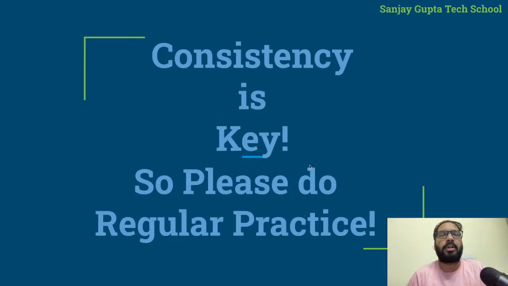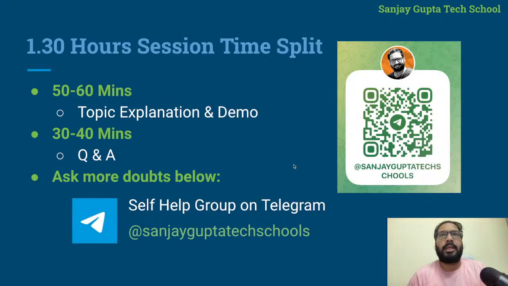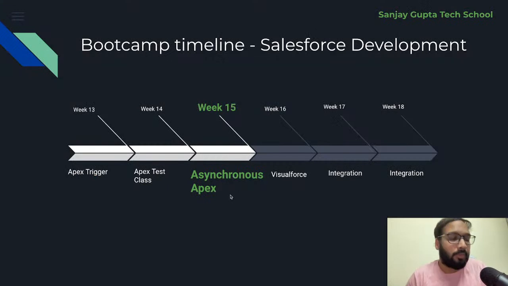So moving forward, be consistent. From next week onwards, different topics will be available in different weeks, so just join those sessions as well and do regular practice. Today week 15 will be completed, and from next week we'll be starting Visualforce. Then we will have 2 weeks for integration. After that everything will be lightning component development.